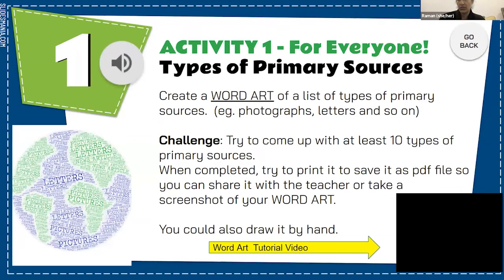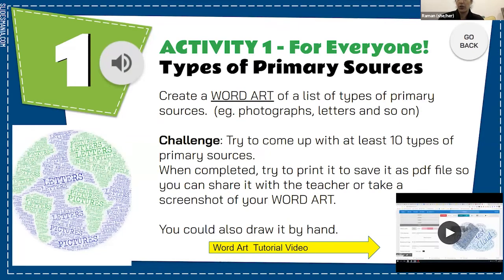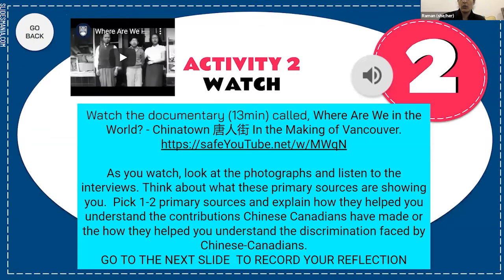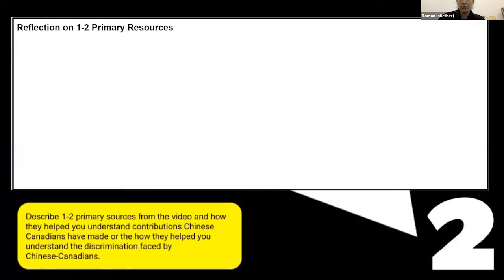Also, one activity was creating a word art of different types of primary sources. There was one where they watched a video on the making of Vancouver's Chinatown, and then they got to do a reflection on the next slide of their findings from that video. So there's a lot of rich, authentic, different activities to do. We also chose things that were not just photographs.